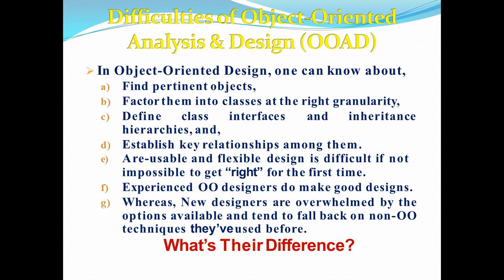The second is that we need to show the granularity between the classes, and the third is that we need to define each and every class interface, and show the inheritance from class to class and the hierarchy of the inheritance.